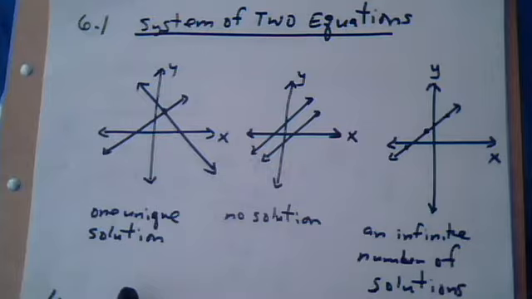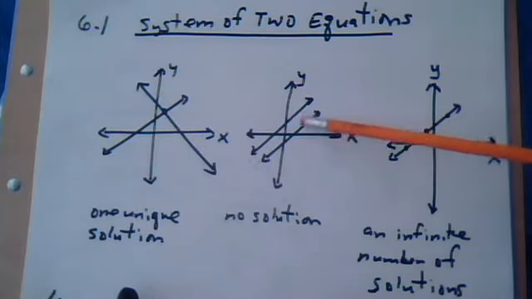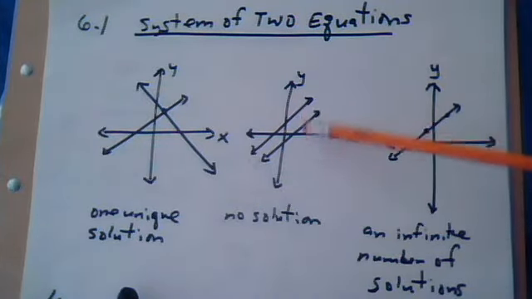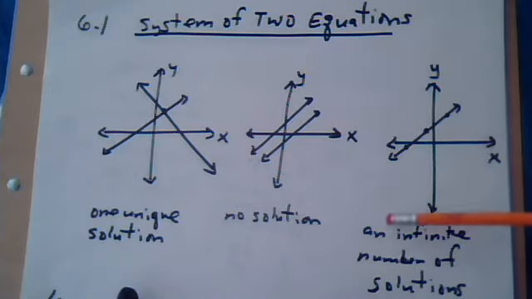Two lines can either intersect at one point, that we would say is one solution, not intersect anywhere, that would be no solutions in the case of parallel lines, or an infinite number of solutions, as if the line intersected itself everywhere, or two lines were exactly overlapping each other.